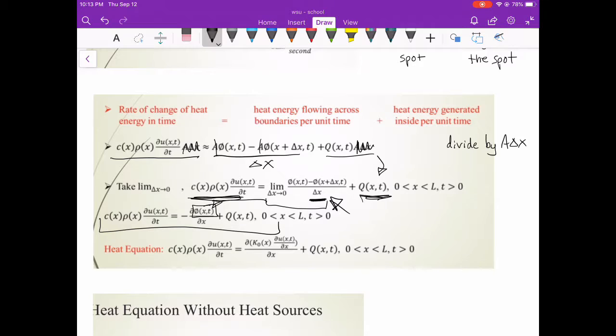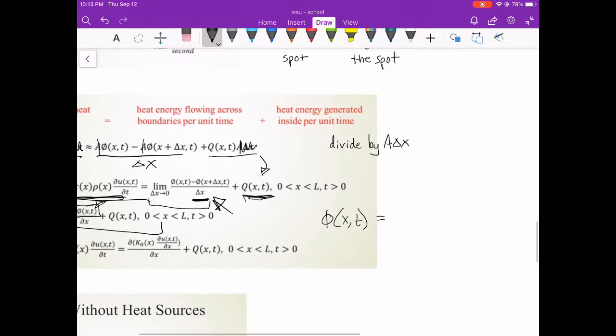Give me a sec. I have the slide up elsewhere. So, yeah, she has it written down as phi of x,t is negative k naught of x times the partial derivative of u of x,t with respect to x.